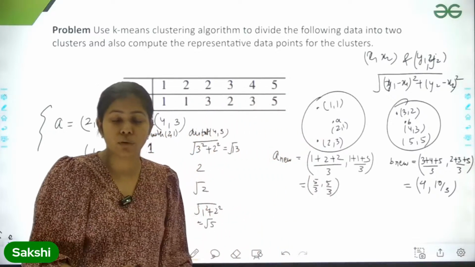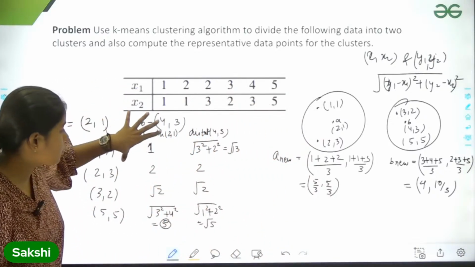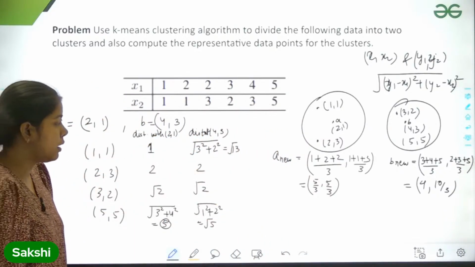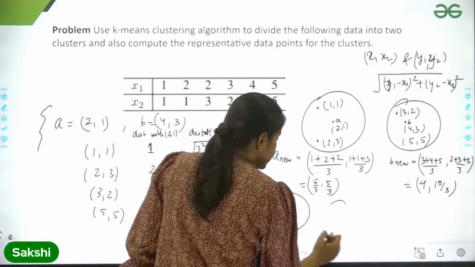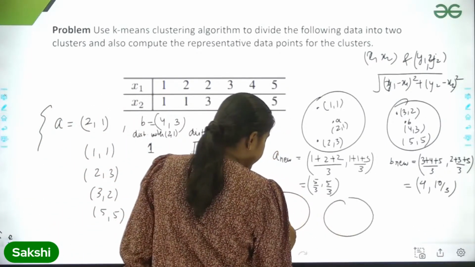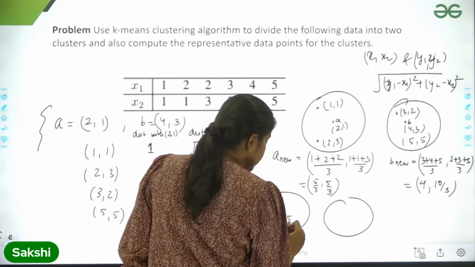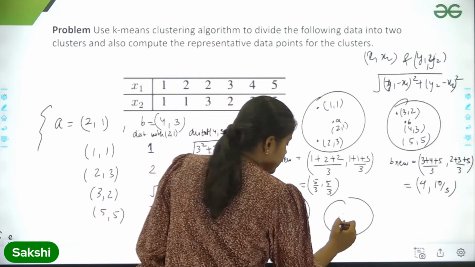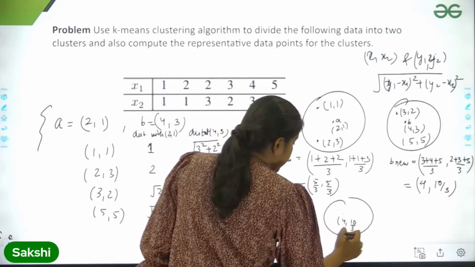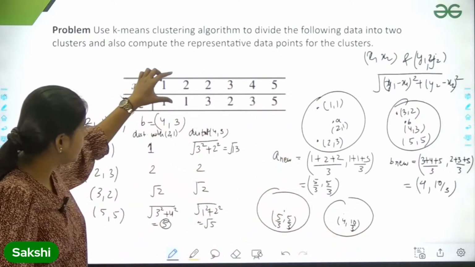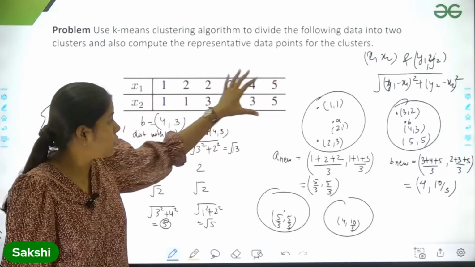Now you have to do everything we have done for these points again, and form new clusters. Let's take this center as 5 by 3 comma 5 by 3. So this is the new centroid, and this is the new centroid for the other cluster. Now you are given 6 points.